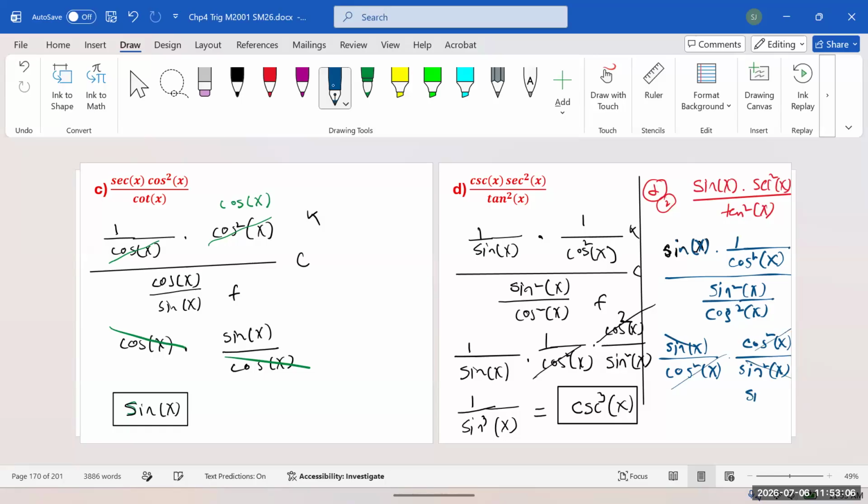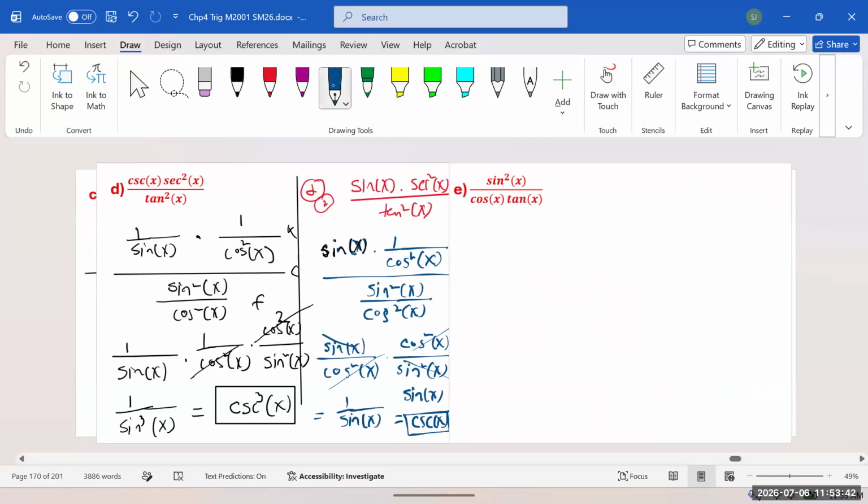Sine, sine cancel out. We are left with 1 over sine. Now that's a single cosecant x. So changing only one function makes the answer different from one another. See here, all we are doing is using identities. That's it. We're applying all the identities and then canceling, and then again using identities to rewrite them.